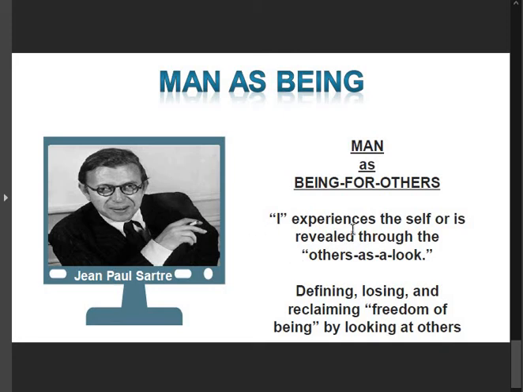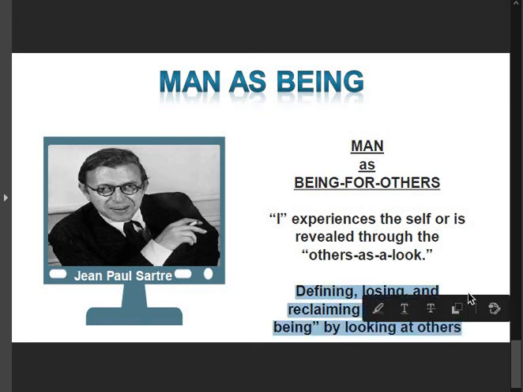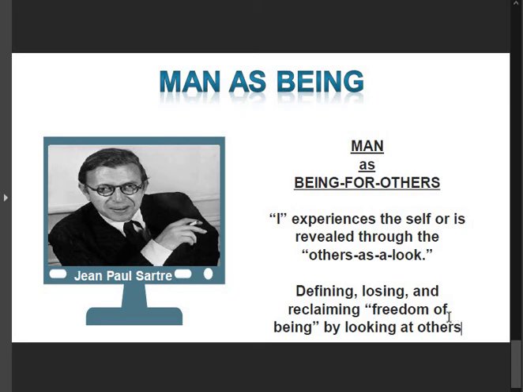So I experiences the self, and of course that self is revealed through the others as a look. This part is kind of complicated, but we have to first understand its root. What does Sartre mean by others as a look?